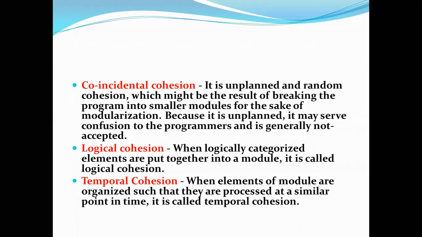An example of temporal cohesion can be that you are giving an online test, and whenever you end your test, immediately your report is generated that you have scored so much of your marks. We can say they are temporally cohesive.